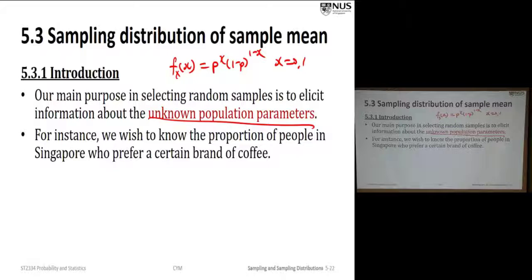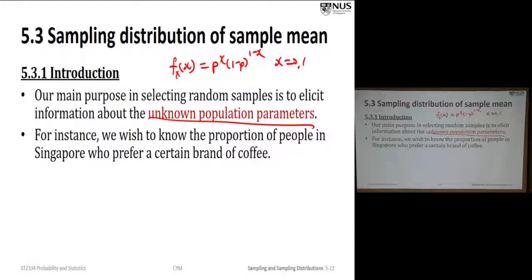And you cannot ask, even a multinational company cannot ask everyone and have everyone give the answer. So what we do is to take a random sample. Random sample, random sample. I will not ask just this group of you whether you like a certain brand of coffee, because it's not a random sample.